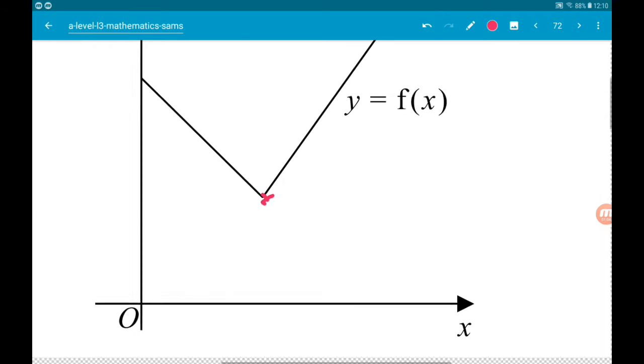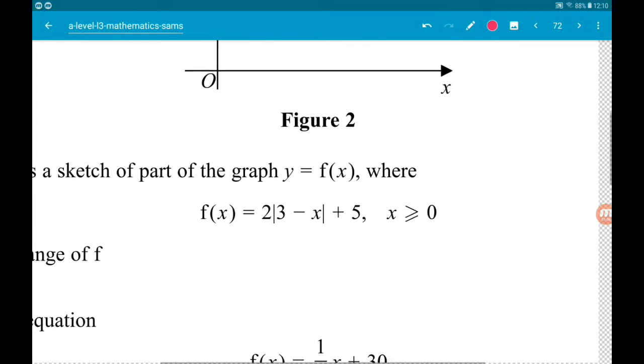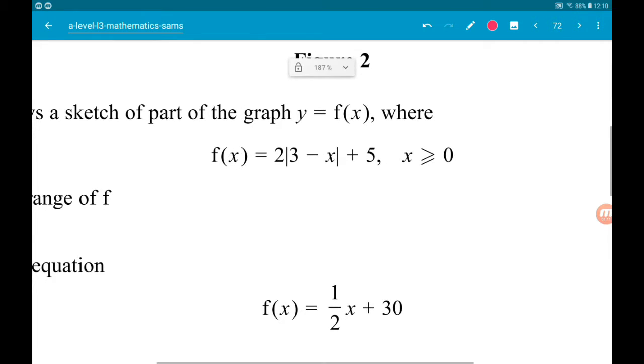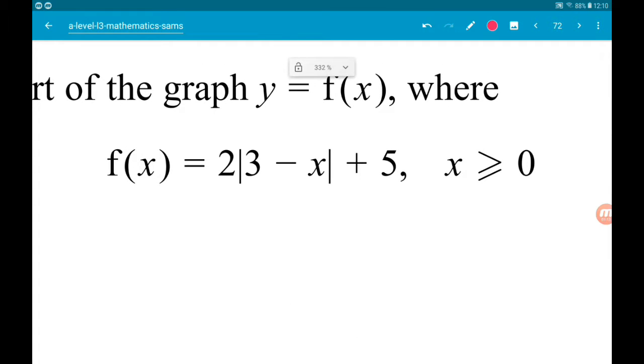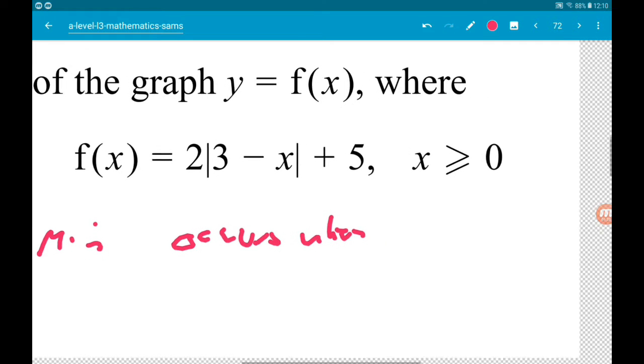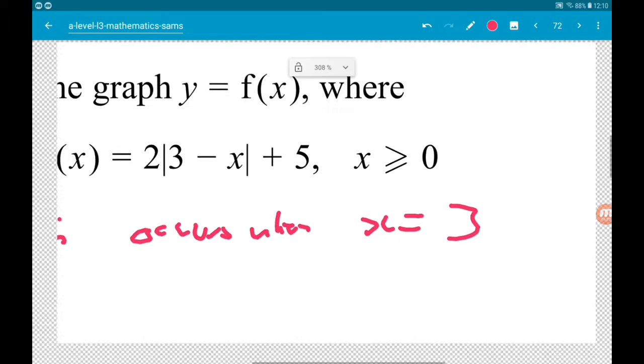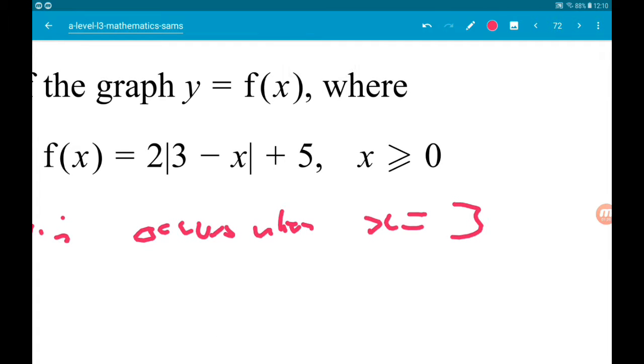So that is going to occur when, so the minimum occurs when x is equal to 3, and the minimum is that y is equal to 5.